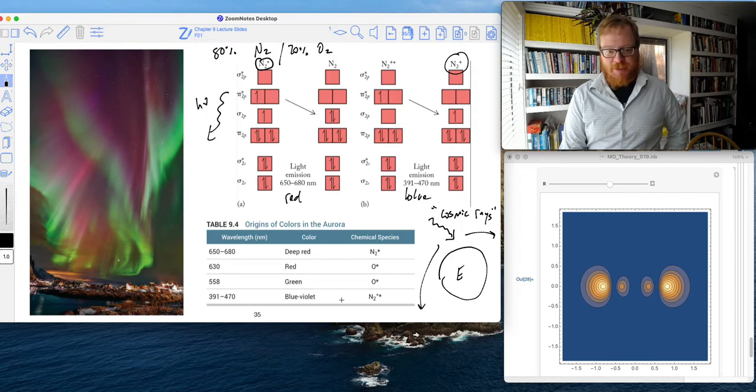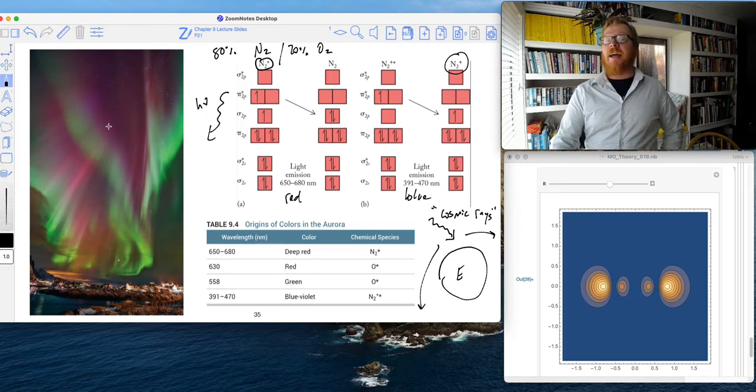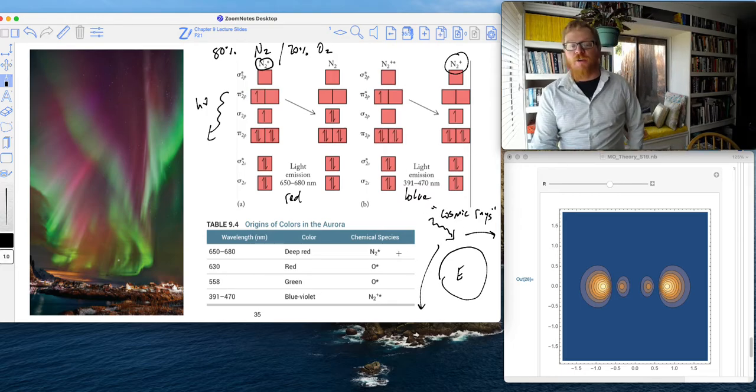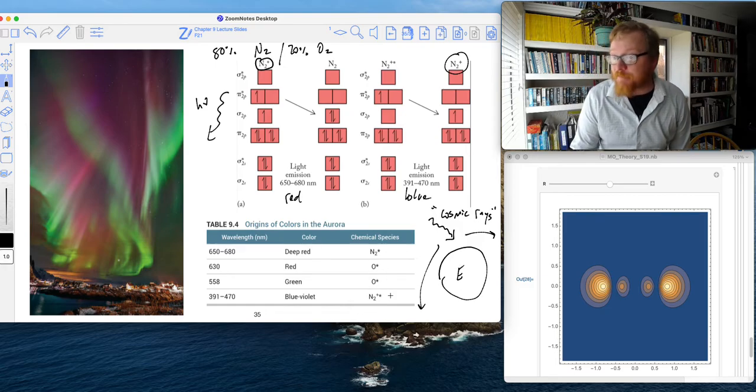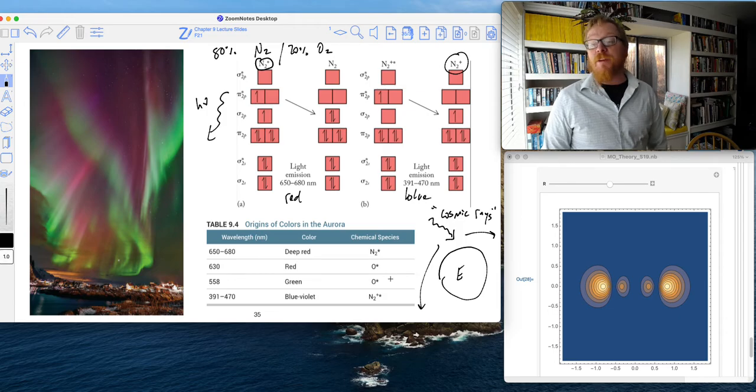And once again, you can see that right here in this table, this blue-violet, which maybe we can kind of detect right there. And similarly, if we were to draw up another diagram for oxygen, and it can do O2 or even just single oxygen atoms, these cosmic rays are super energetic. Okay. So you can see those are predominantly responsible for making more red and green.